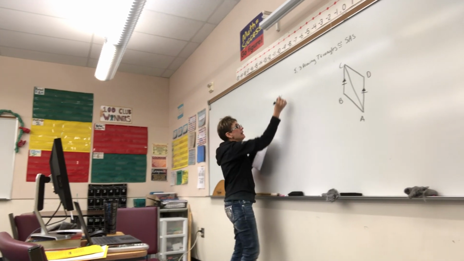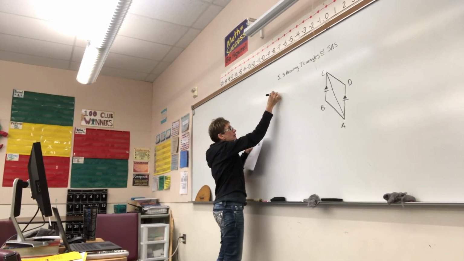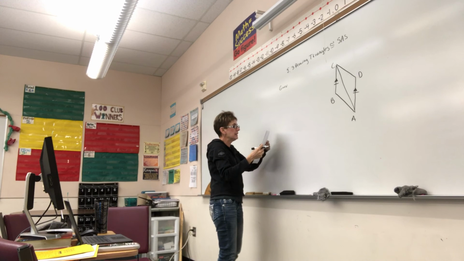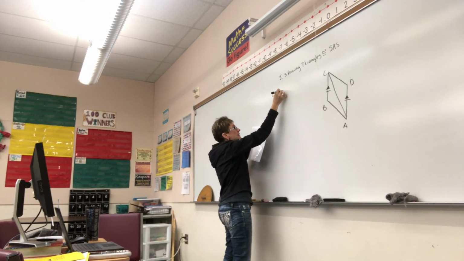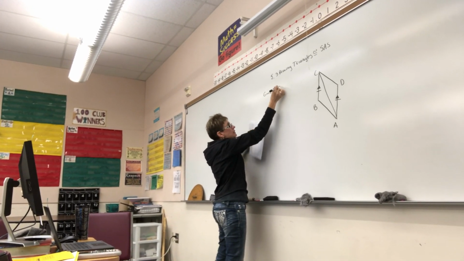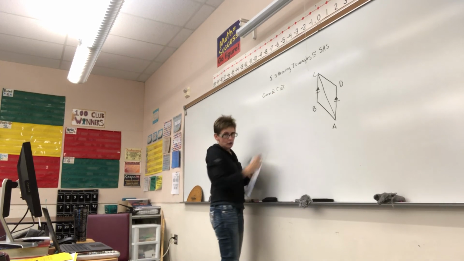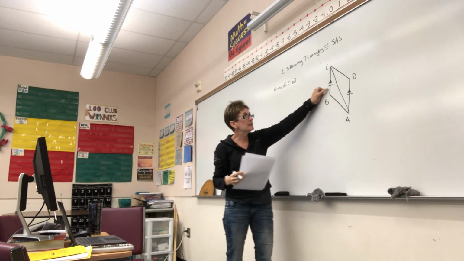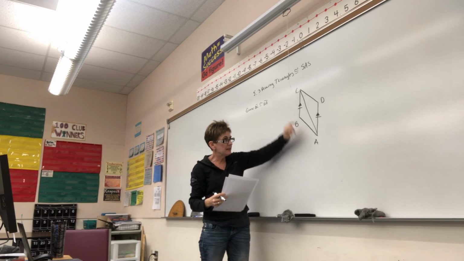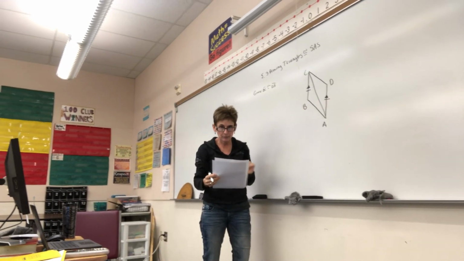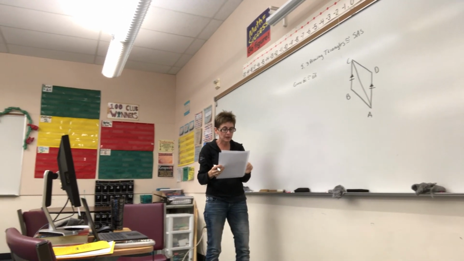Let's write down the information that they are giving us in the given. The information given is that BC is congruent to DA. Notice that we already knew that because of this hash mark here. BC is congruent to DA, but we're writing it and showing it visually.